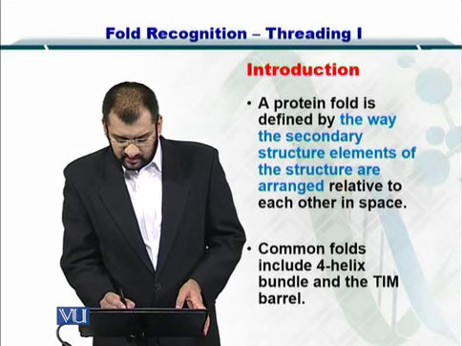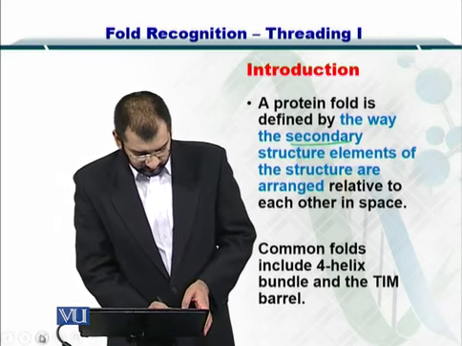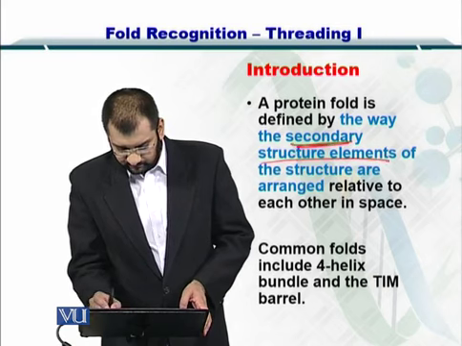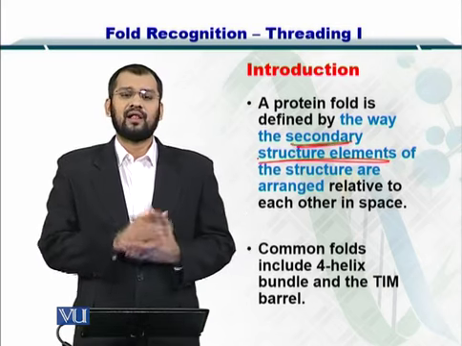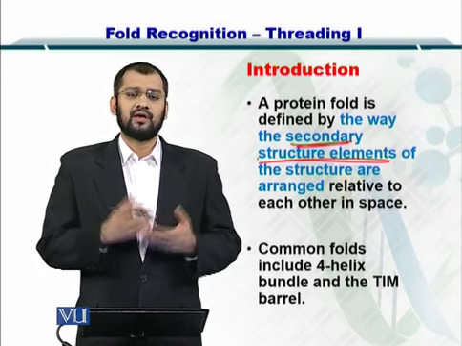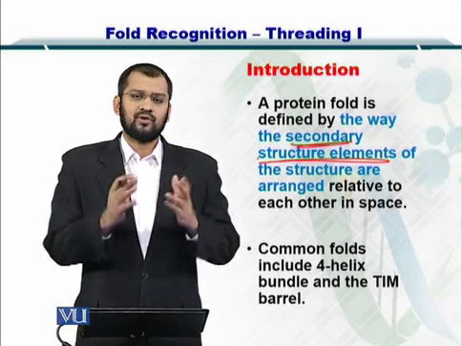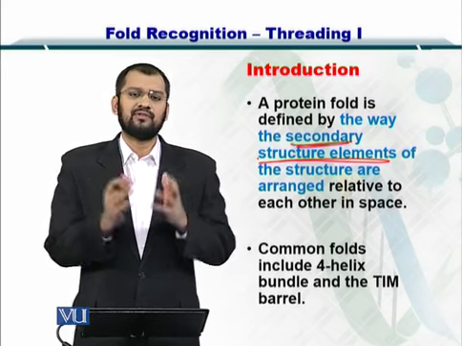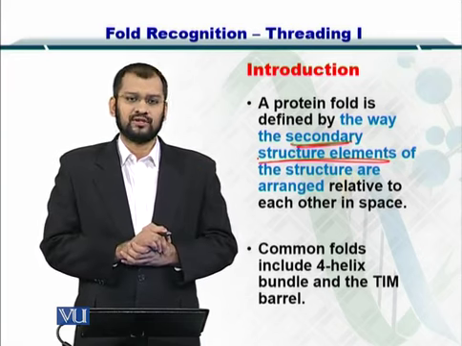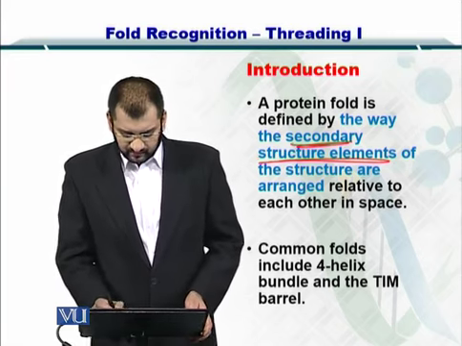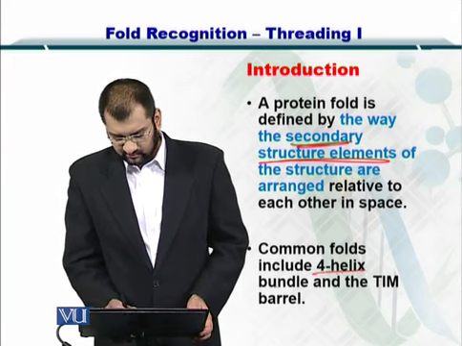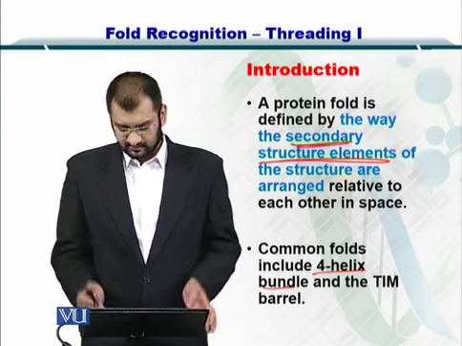The secondary structural elements here include alpha helices, beta sheets, loops, coils, etc. So a fold is simply a combination of these secondary structures which comes about as a unit. The common folds, for instance, are the 4 helix bundle, which is the most abundant, and the TIM barrel.